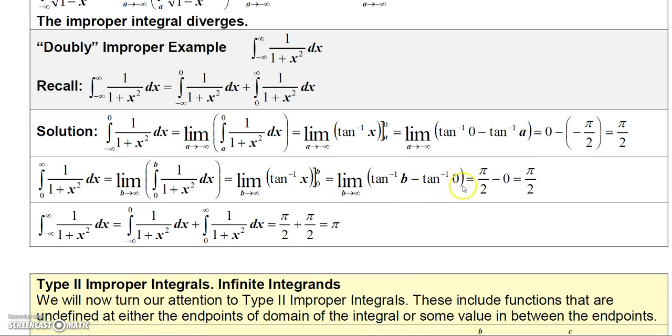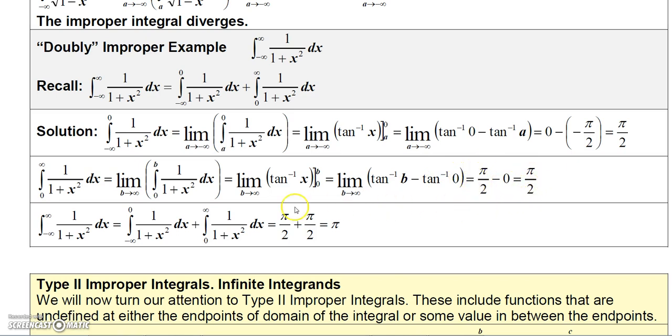Well, we know arctan of 0 is just 0, and if you look at the arctan function and let x approach infinity, you'll see that the arctan function actually has a horizontal asymptote, so it's going to approach pi over 2. So by letting b go to infinity, this is going to be pi over 2, and of course this is going to be 0, so you get pi over 2 minus 0, which is pi over 2.